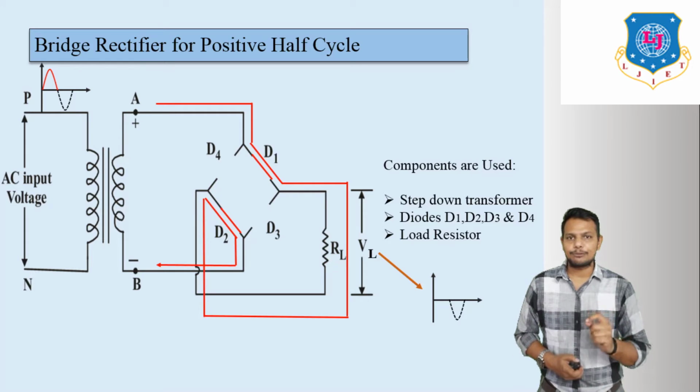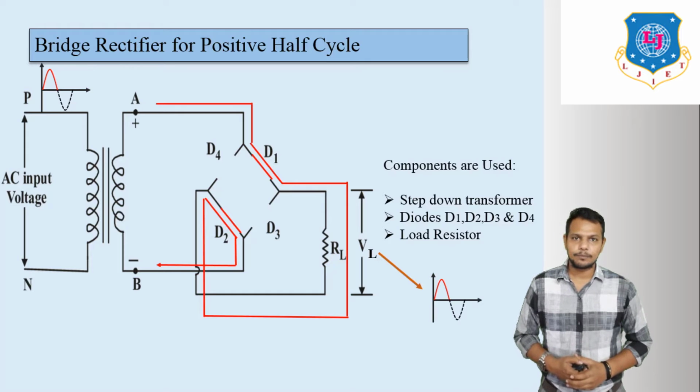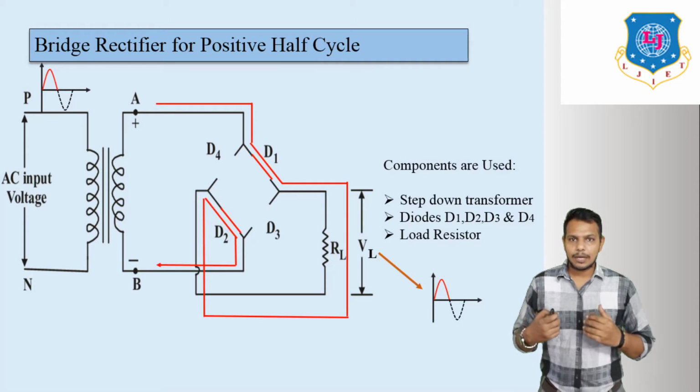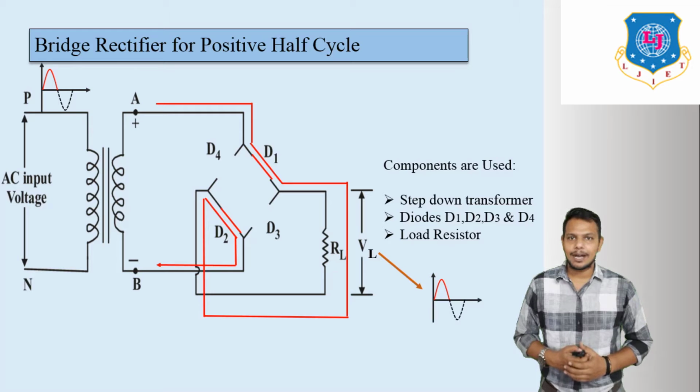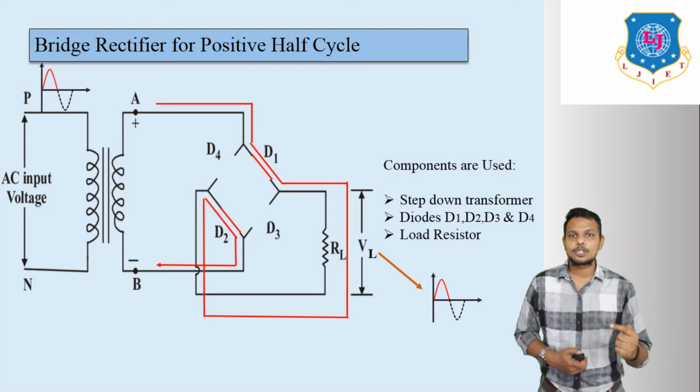Here we can see if we enter a positive waveform, then across RL we will get a positive waveform, similar to what we entered at the input. So our output will be the positive half cycle, because current is always flowing from upper to lower, plus to minus. Here D3 and D4 work in reverse bias.